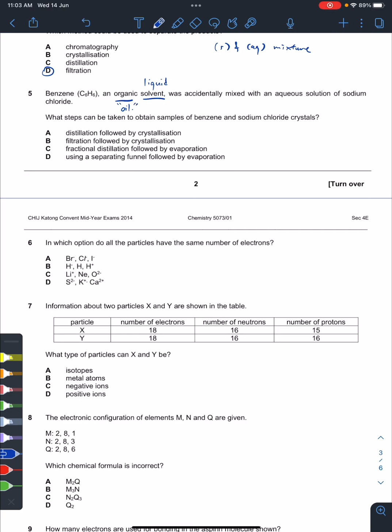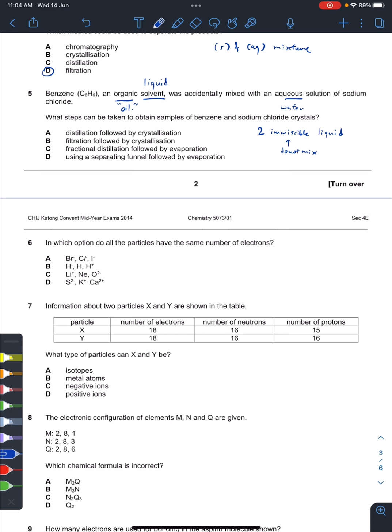So you have a liquid like oil mixed with water solution. They don't mix. So what you essentially get is two immiscible liquids. Immiscible means do not mix.